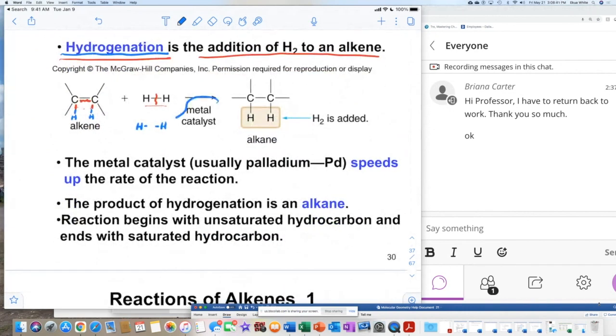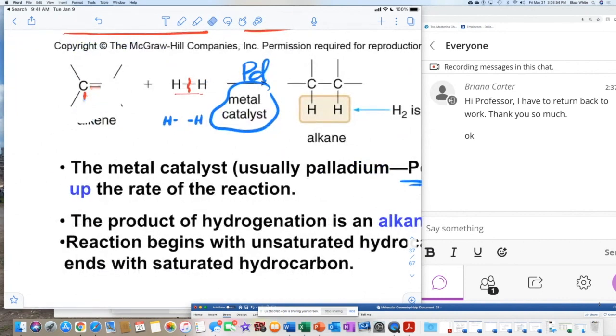So the catalyst here, palladium, is important to speed up the reaction. So you want to make sure when you're completing this reaction, you have to include the metal catalyst, palladium. Okay? So what we're saying here is you can convert an alkene into an alkane by hydrogenation.